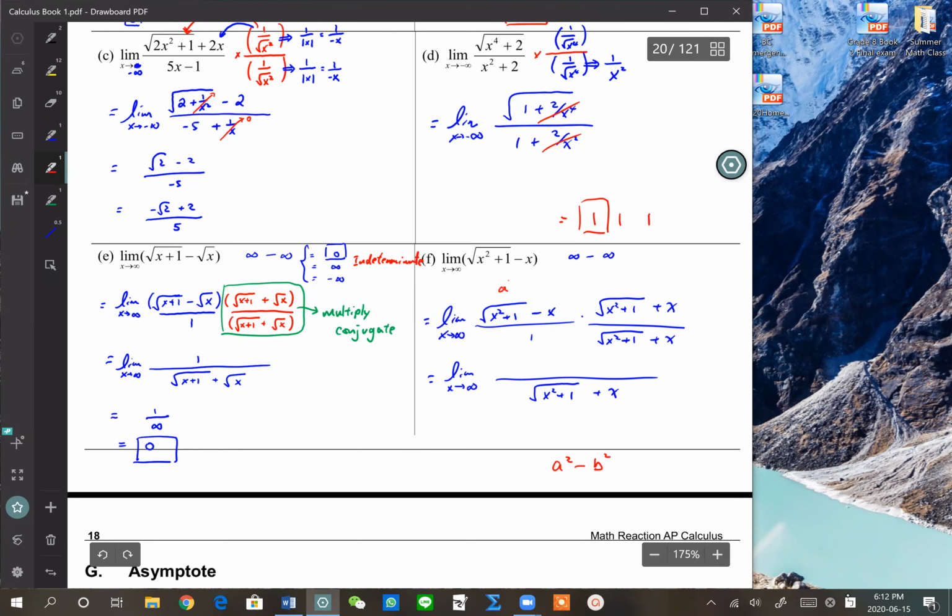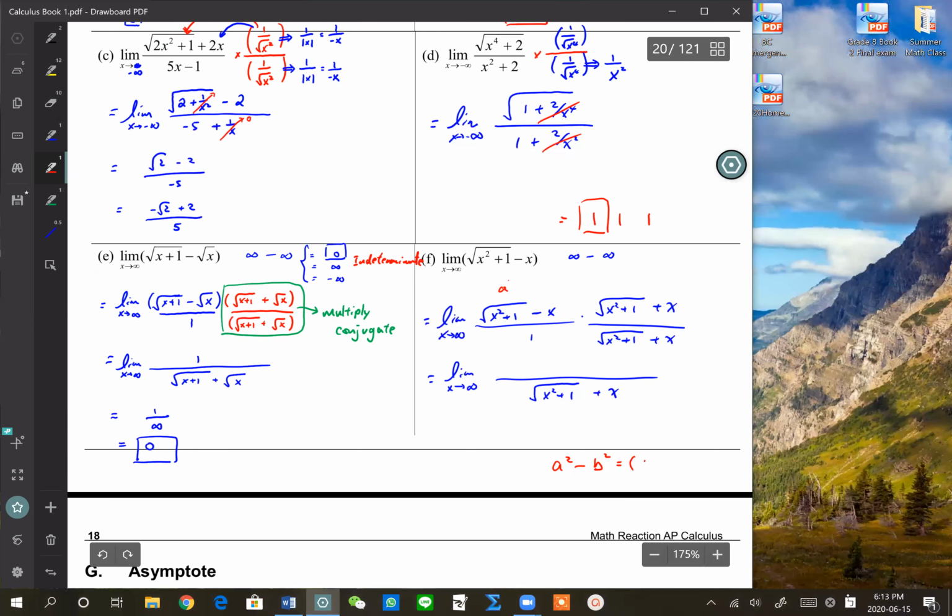Oh, minus b squared, equals a plus b and a minus b. Yes. Okay. Do you see the a minus b and a plus b on the numerator? Yeah. So you use the formula. Do you get what I mean?